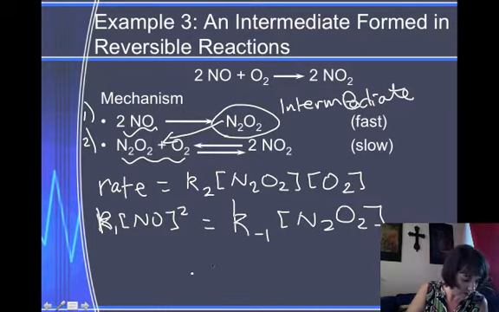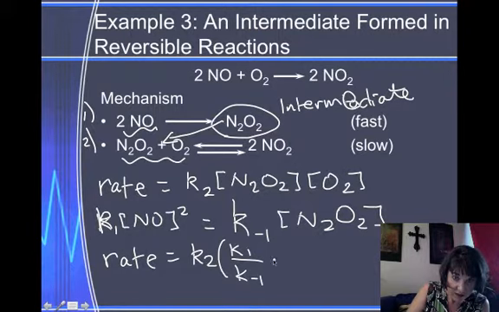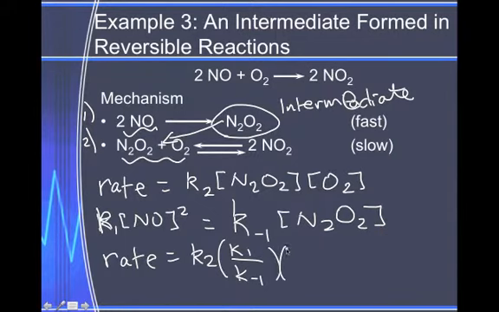So now, how do I write this rate law? I'm going to take k2 times my reversible reaction. We're just going to put one on top of the other. If they're equal, then I can put one on top of the other, and I haven't multiplied by anything, right? It's just multiplying by 1, because they're equal.